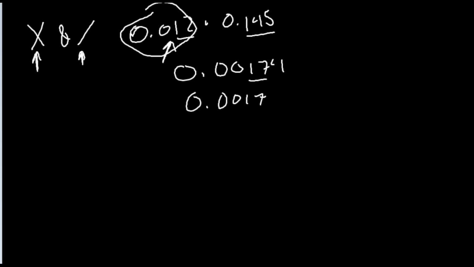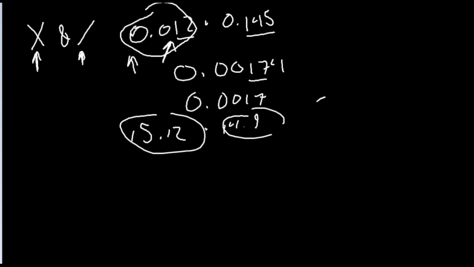Now, multiplication and division are kind of different because you would also take into account numbers outside of the decimal portion. So let's say we had 15.12 times 14.9. Well, we can recognize that this has 3 and this is 4. Therefore, we're going to be taking into account 3 sig figs instead of 4.